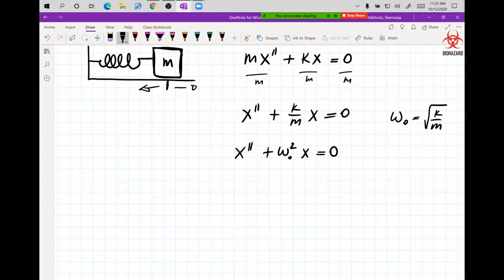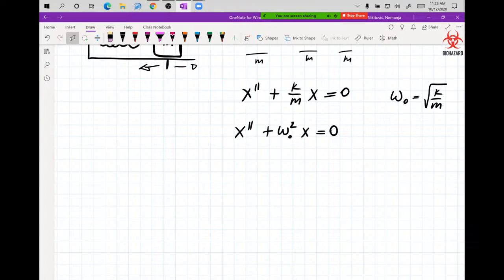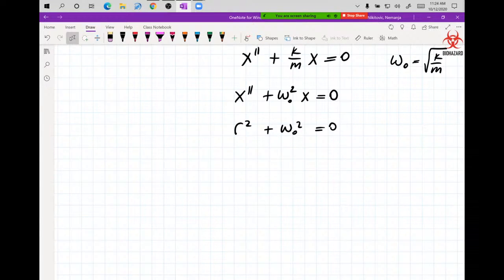And we know what we do with second order constant coefficient equations: we convert it to r. When we convert this to r, we can solve it and come up with r equals plus or minus i omega 0.